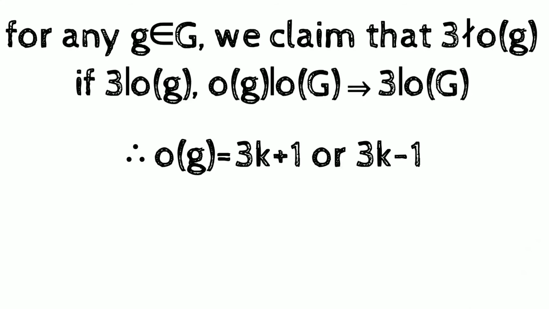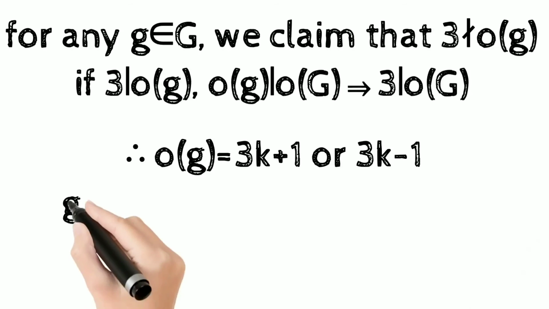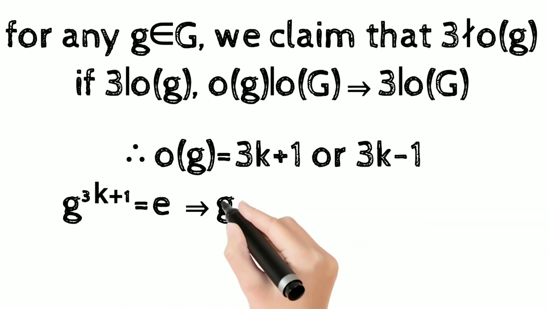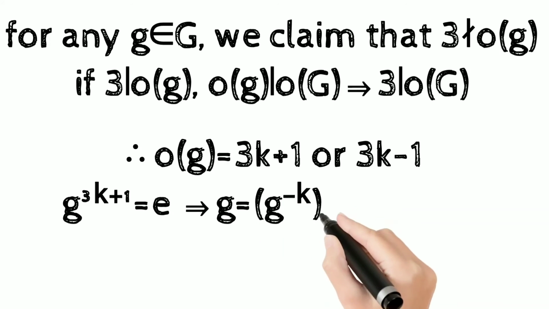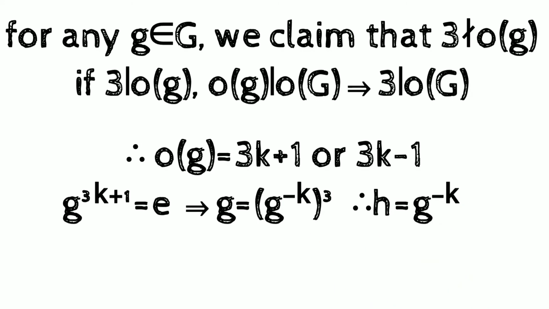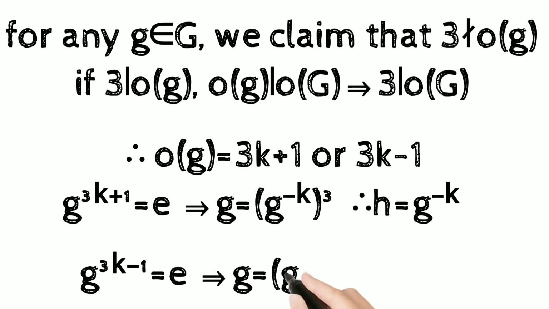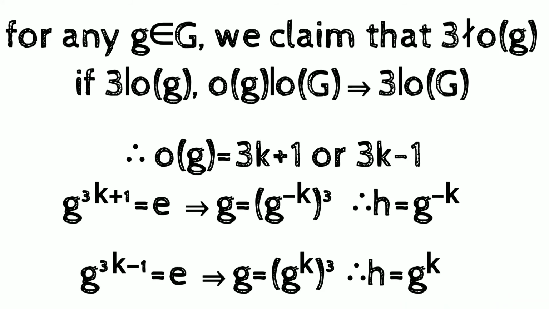See, minus 1 is the same as 2 modulo 3. So if the order of g is 3k plus 1, then we get h as g raised to minus k. And if the order of g is 3k minus 1, then we get h as g raised to k plus 1. So in this problem, the direct method is convenient to use.